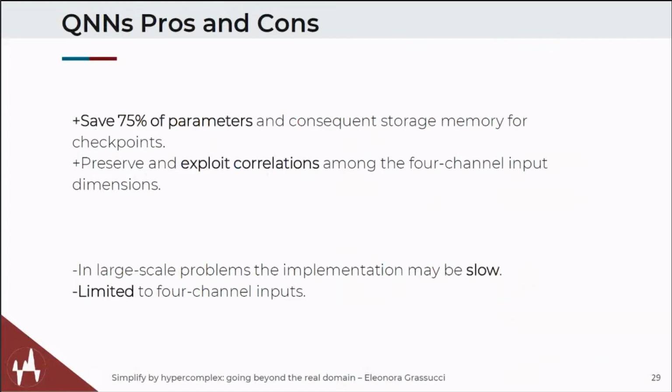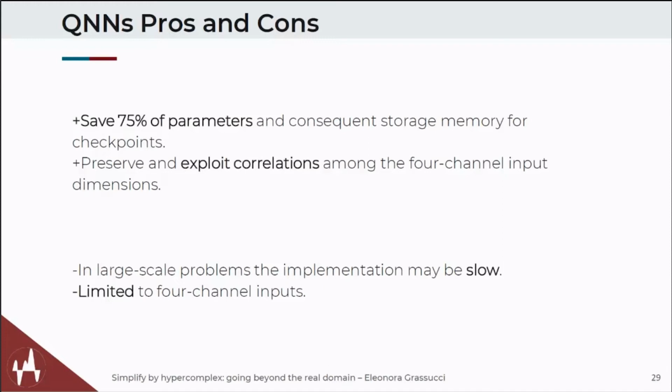However, quaternion neural networks are basically limited to 4-channel inputs, since the structure of a quaternion requires 4-dimensional inputs, and sometimes we have to add a padding channel, for example, when we process RGB images.